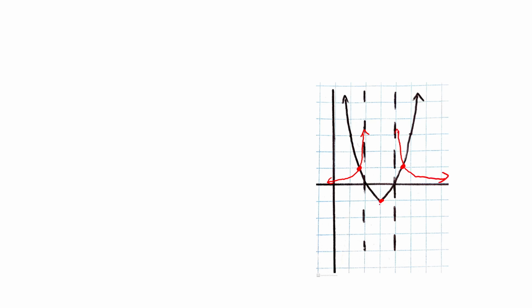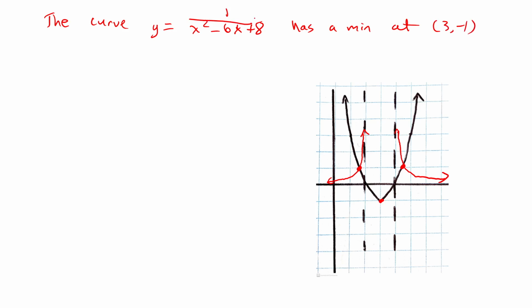Now in the in-between part, we see that the function y equals x squared minus 6x plus 8 has a minimum at the point (3, -1). Well, now, if I put a 1 over that x squared minus 6x plus 8, then as that value gets bigger, 1 over it gets smaller, and vice versa.